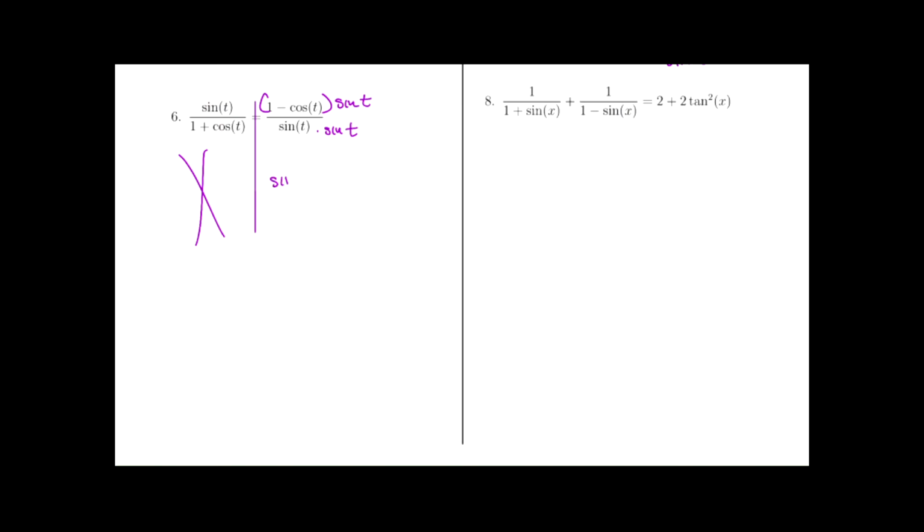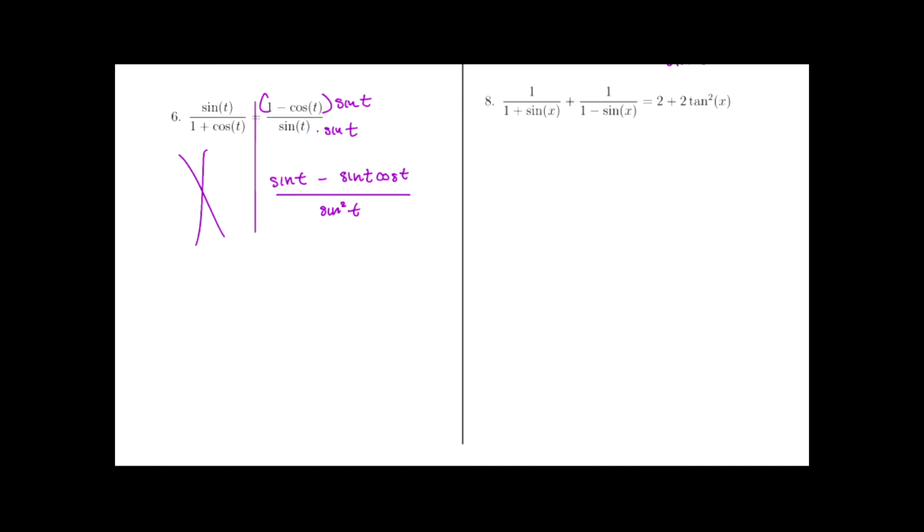So I have sine t minus sine t cosine t over sine squared t. Again, this is because I would like to be able to convert from sine to cosine, and the Pythagorean identity gives me a way to do that. To use the Pythagorean identity, I need for sine to be squared.